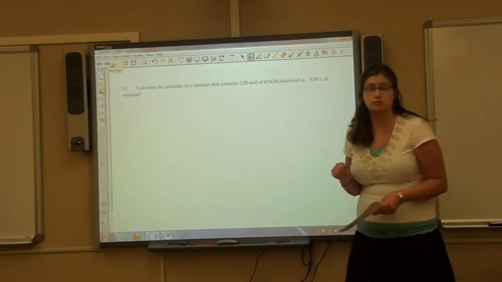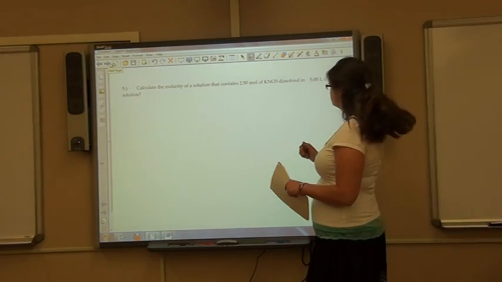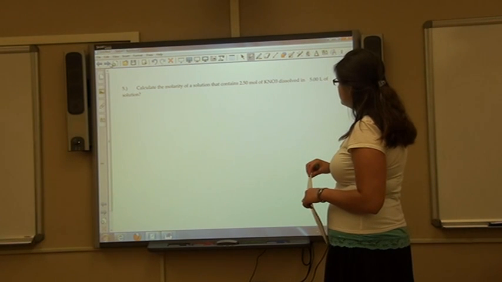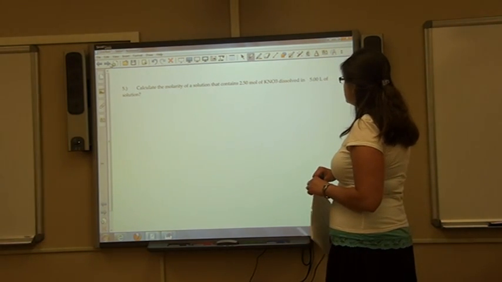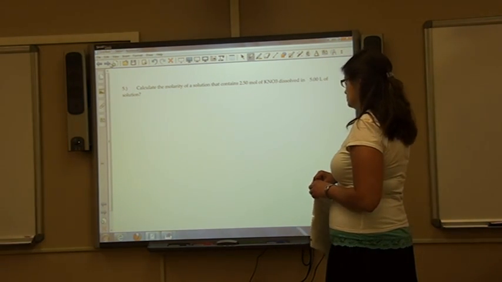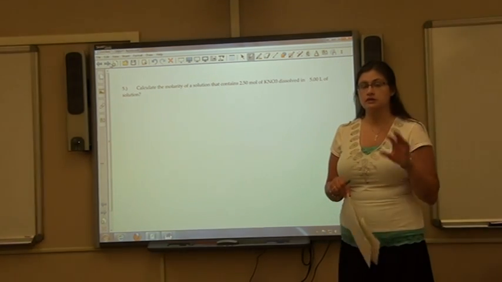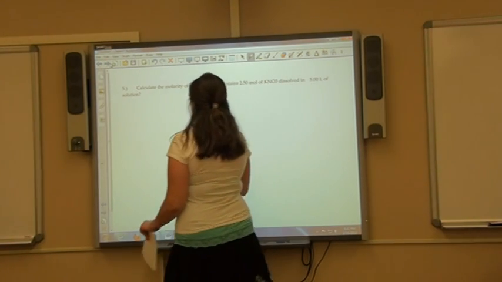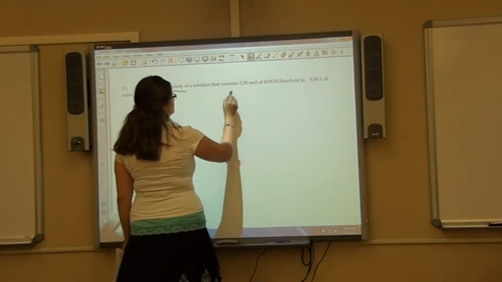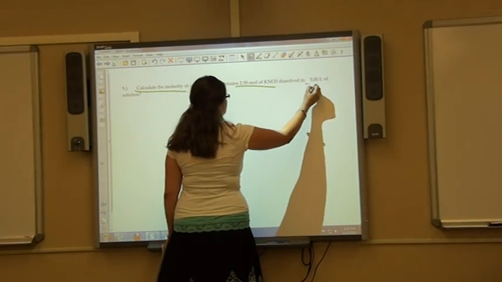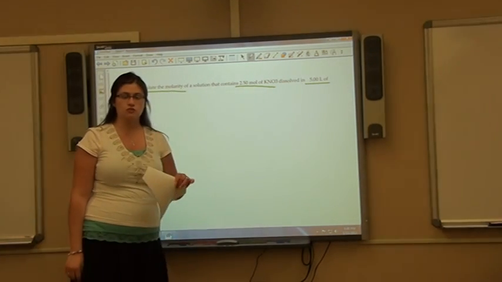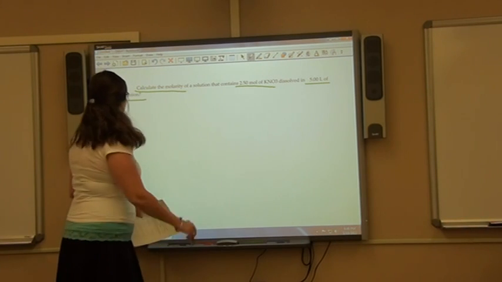Okay, let's do some examples of this molarity business. Calculate the molarity of a solution that contains 2.50 moles of KNO3 dissolved in 5 liters of solution. Start with your table of knowns and unknowns. Okay, I'm going to work from left to right through my problem.